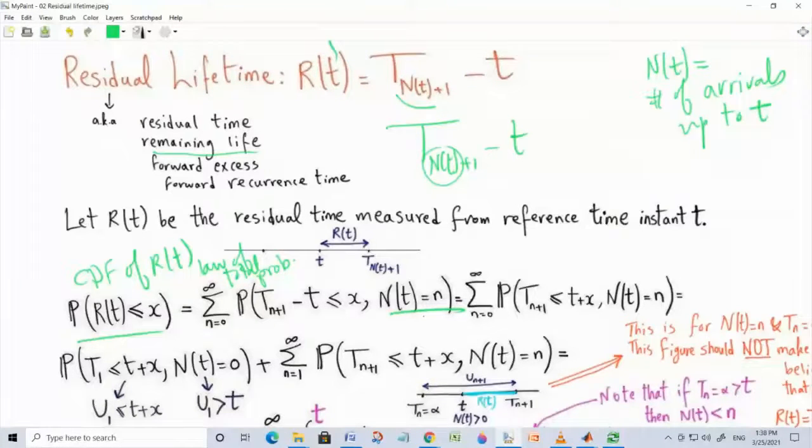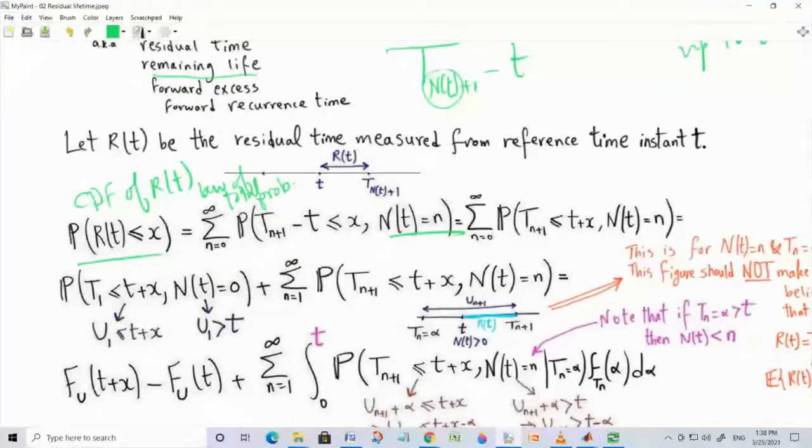And so again, the trick is the law of total probability, and you basically have N of t equal to n. It will make things better conceptually if we fix big N of t equal to n, and of course the price is that we will have to do a summation that involves all possible values of big N of t.